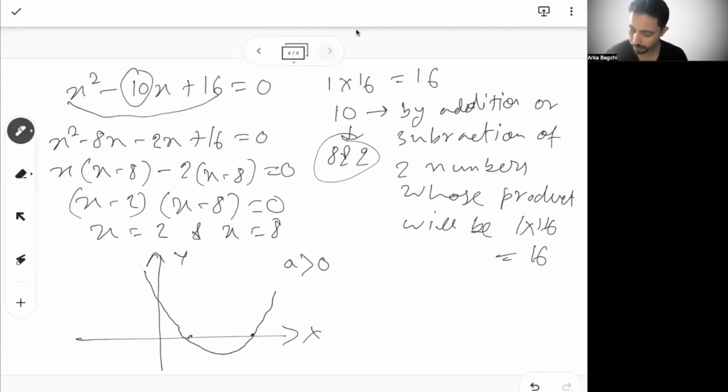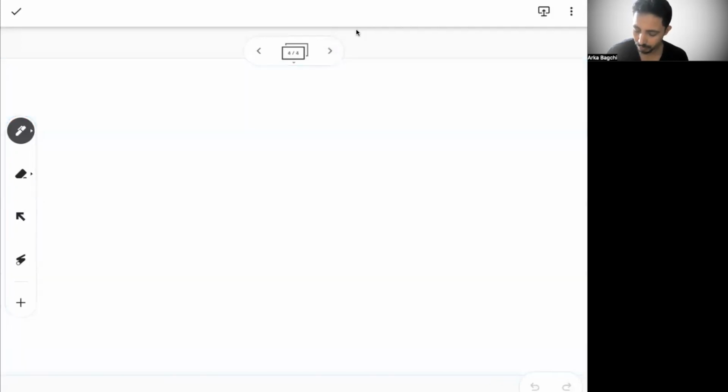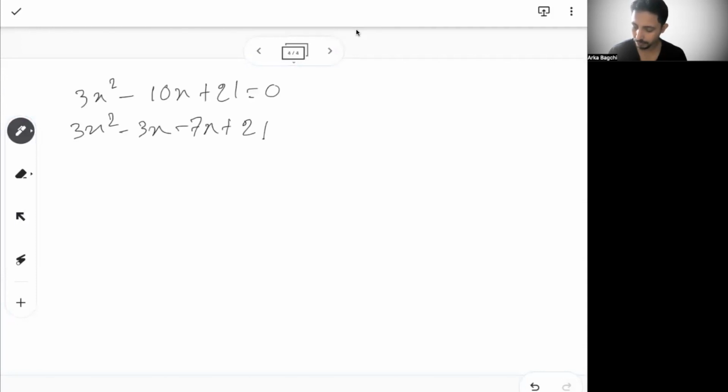Let's take another quick example. Let's do 3x square minus 10x plus 7 equal to 0.